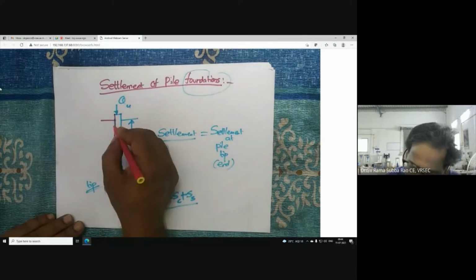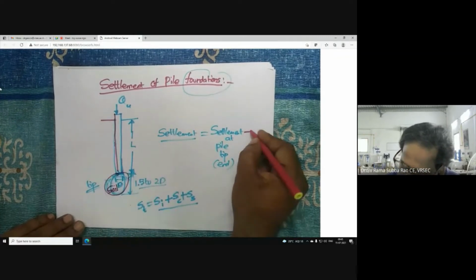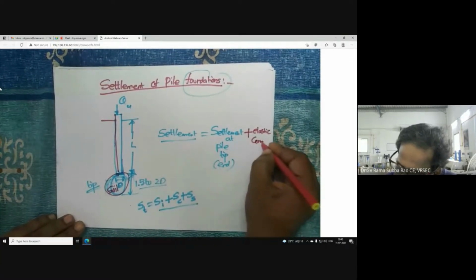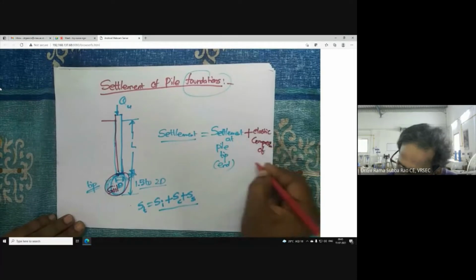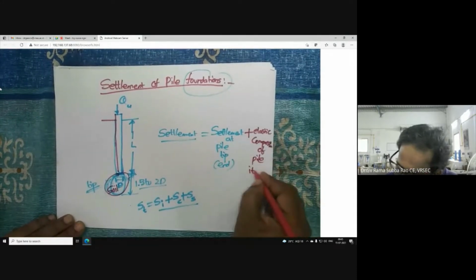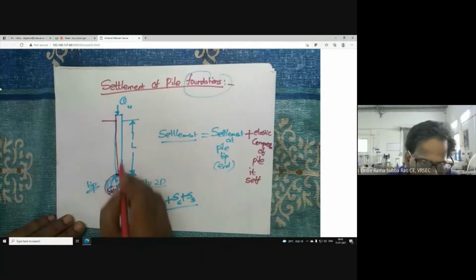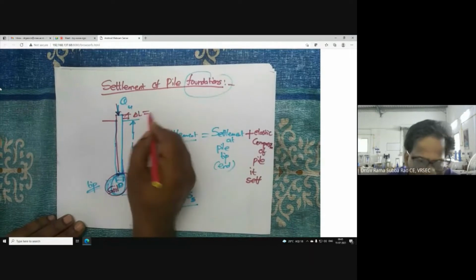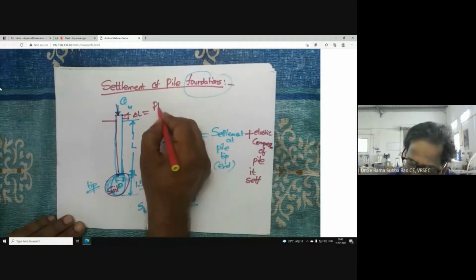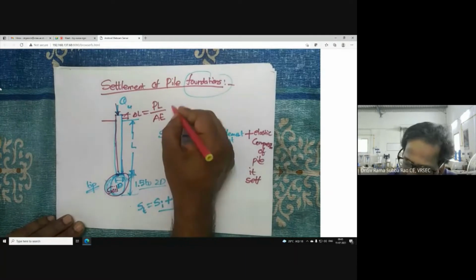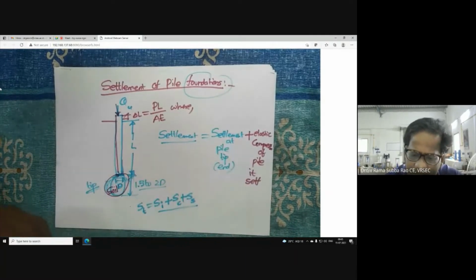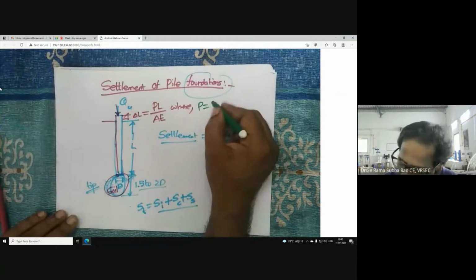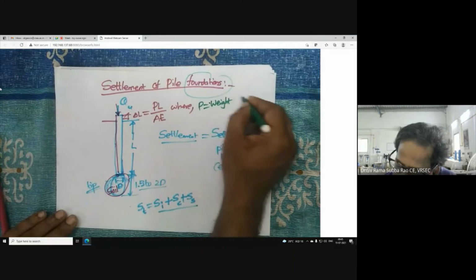Now the pile also will settle. So plus, I can now write the elastic compression of the pile itself. This is just like a bar. When you apply load on the pile, it has its own compression, delta L. So what is delta L? PL by AE, where P is the weight of the pile.